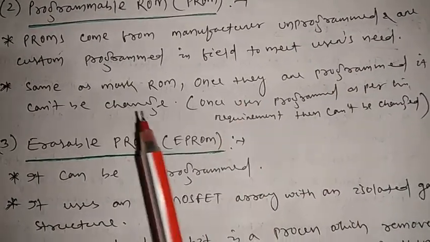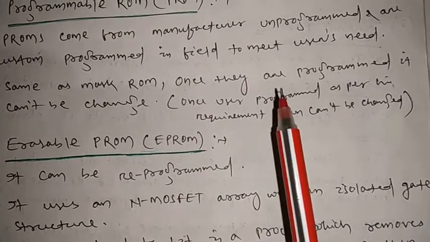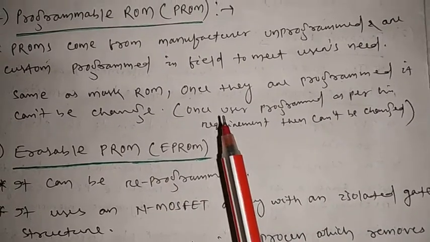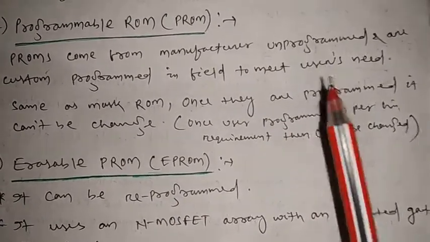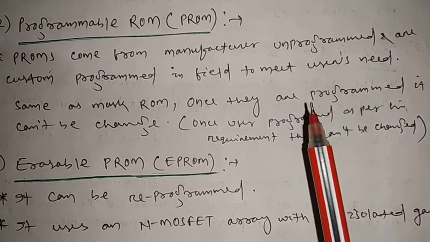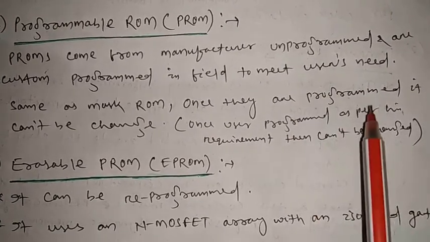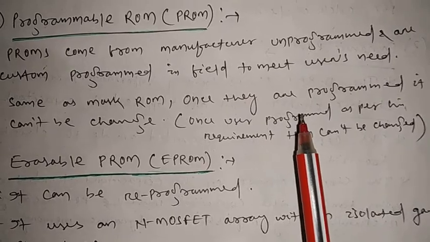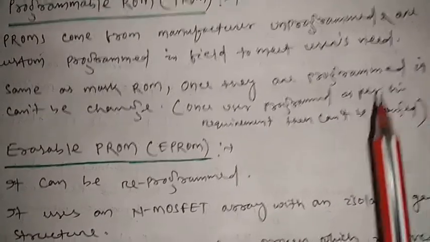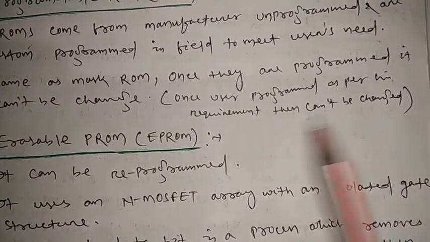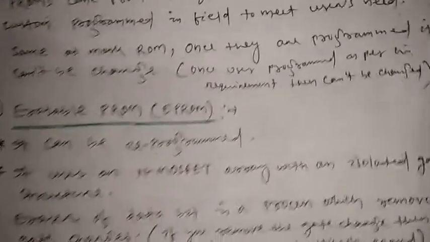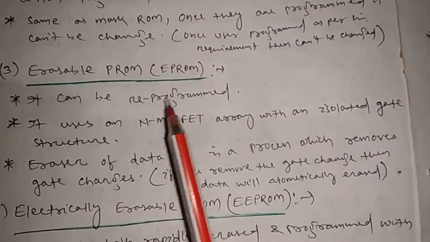But the problem is the same as mask ROM: once programmed, it cannot be changed. When it comes from the manufacturer, it is unprogrammed, but after being programmed by the user, we can't erase the data. Once the user programs it as per his requirement, it cannot be changed. Get it? So this is the disadvantage.